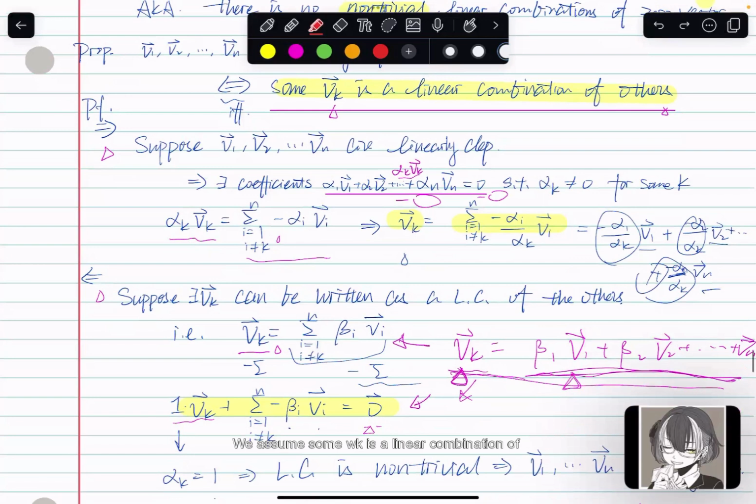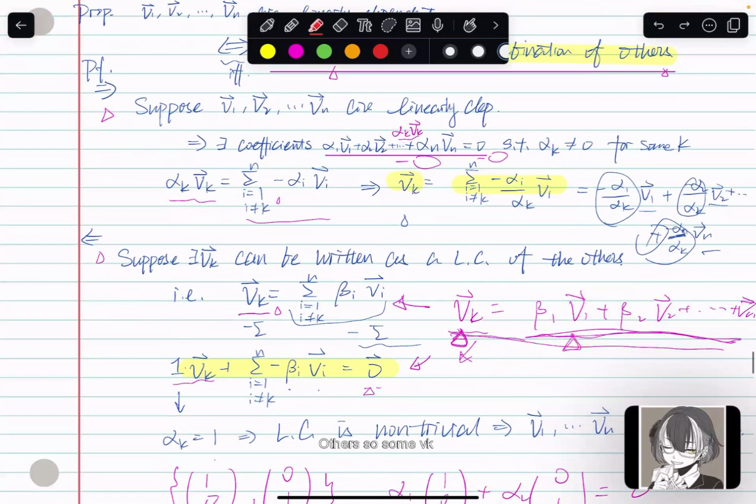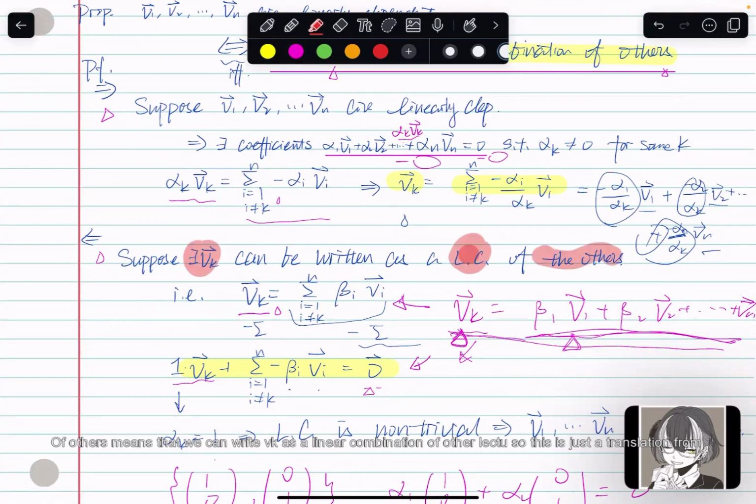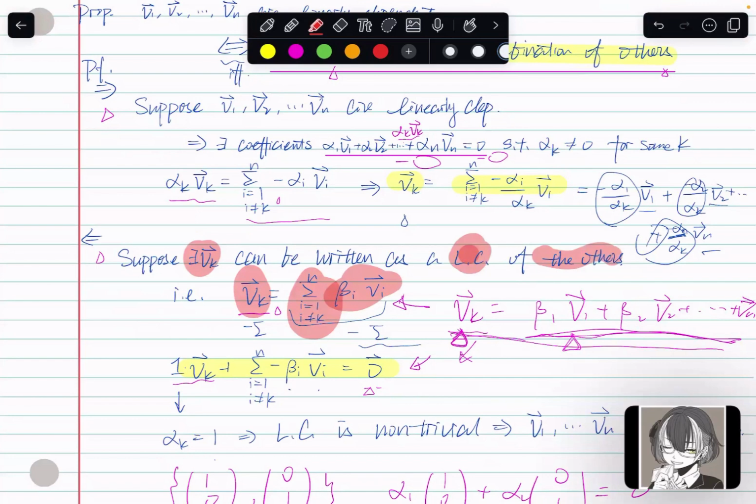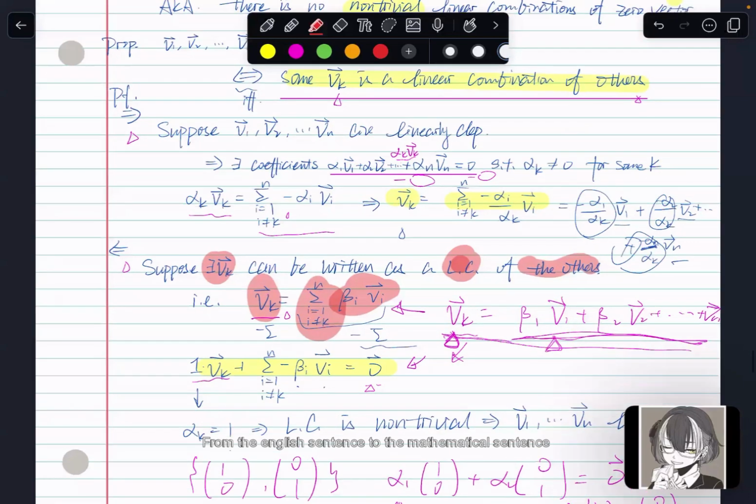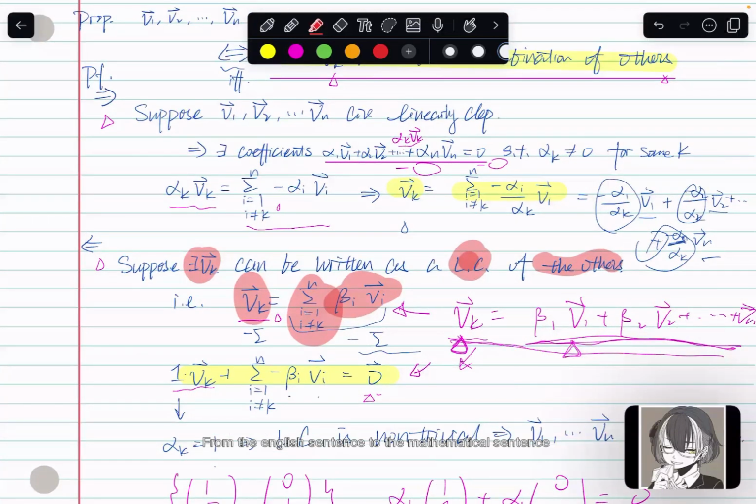So we assume some vk is a linear combination of others. So some vk is a linear combination of others means that we can write vk as a linear combination of other vectors. So this is just a translation from the English sentence to the mathematical sentence.